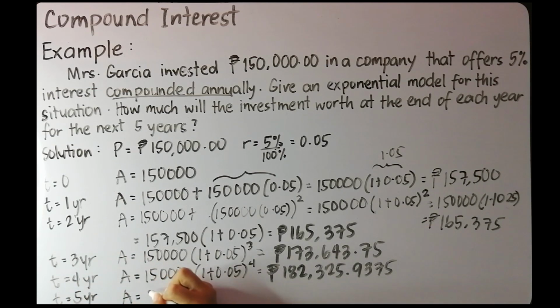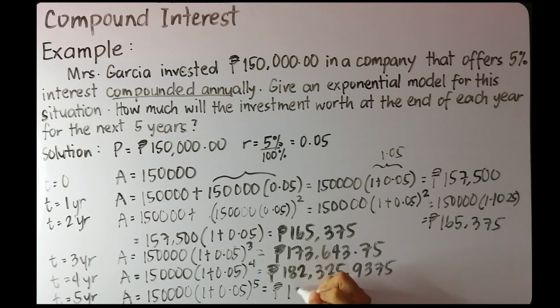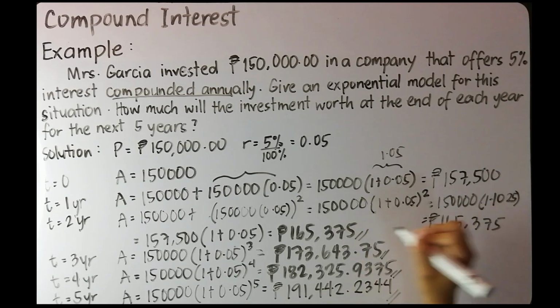The total amount will be 150,000 times 1 plus 0.05 raised to 5, which is equivalent to 191,442 pesos and 23.44 cents.